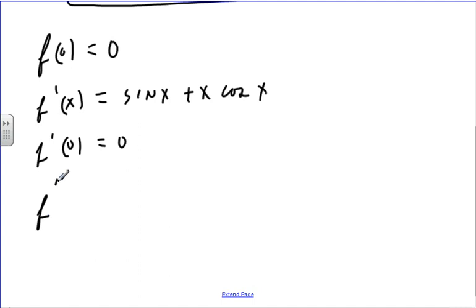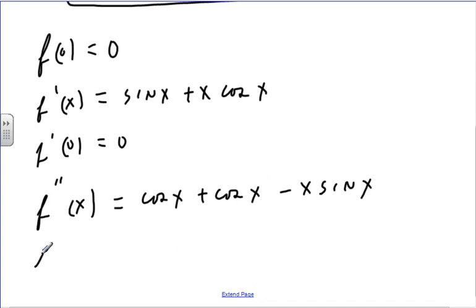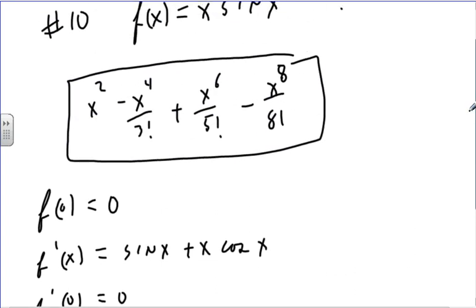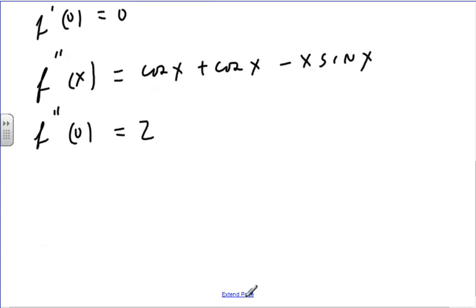And I got f double prime of x, which is cosine x plus cosine x minus x sine x, and f double prime at 0 is going to be 2. I come up here, and if it's 2 divided by 2, then that's going to be a 1. All right, so far I haven't made any mistakes, so that's good.